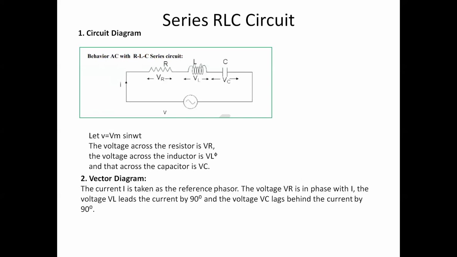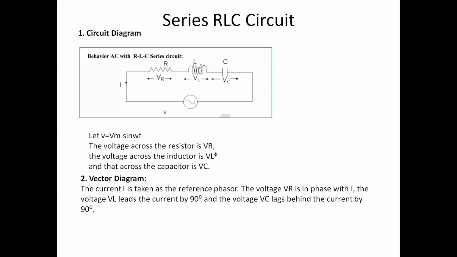Now, while drawing the vector diagram, initially I never spoke about the magnitude of VL and VC, right? Depending on the value of XL and XC, a series RLC circuit can have different behaviors. That's because XL is 2 pi FL and XC is 1 over 2 pi FC. So what if, in a particular RLC circuit, the inductive reactance is found to be greater than the capacitive reactance?